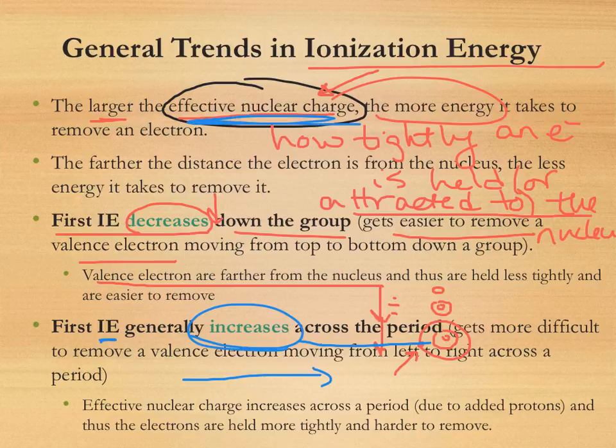What happens to the effective nuclear charge as we go left to right across the period? We're adding protons. That means we're increasing the effective nuclear charge going left to right. And so the electrons are held more tightly and ionization energy goes up.